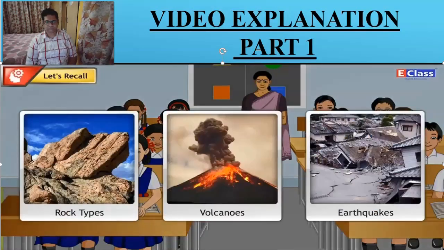Answer the following questions on the basis of that. When an earthquake occurs, what happens exactly? How are igneous rocks formed? What is a volcano? Which material comes out during a volcanic eruption? In which state of matter are these materials? Are these materials cool or hot? Why?